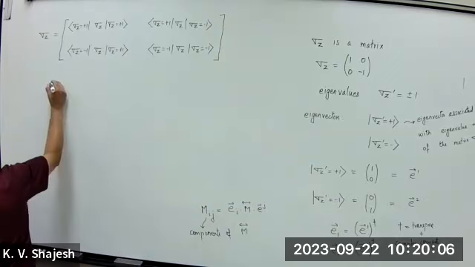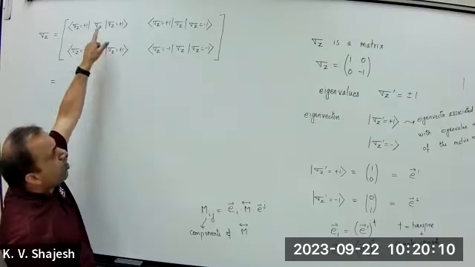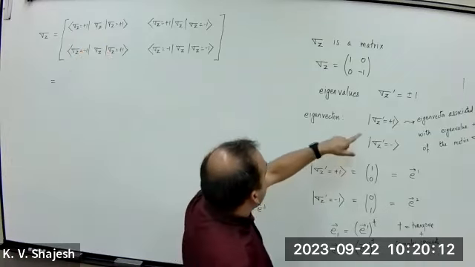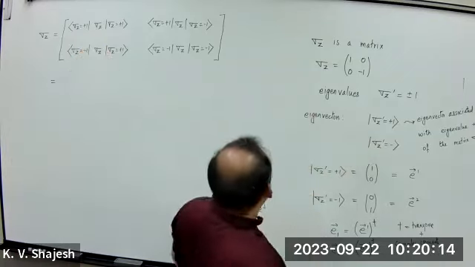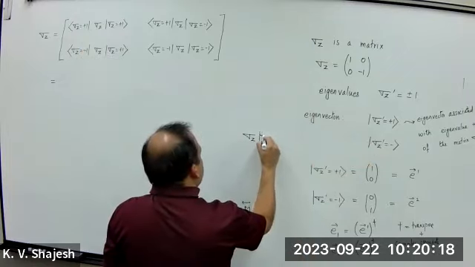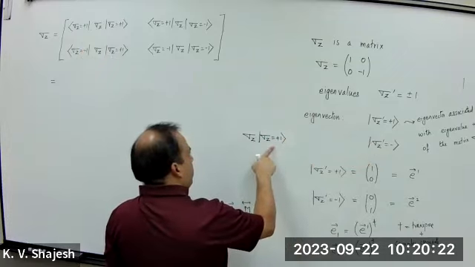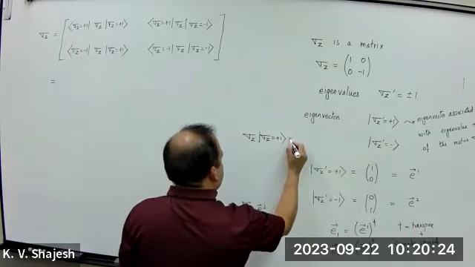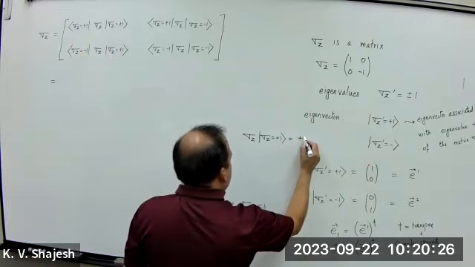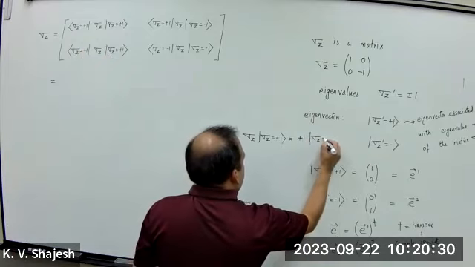Okay, so, but I can evaluate this. I know how sigma z operates on sigma, right? The eigenvalue equation says that sigma z operating on sigma z equal to +1, that's the eigenvector of sigma z, means it will be +1 times sigma z equal to +1.